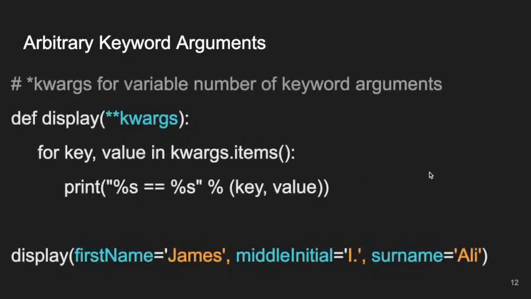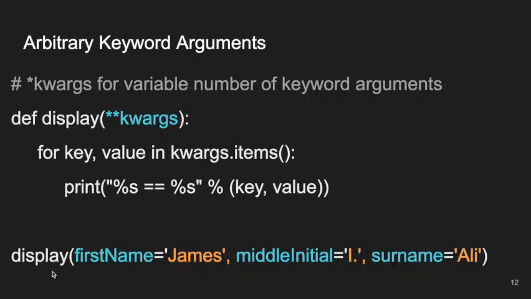Now for your keyword arguments, you use double star, and then the name that you would like to use for your variable.